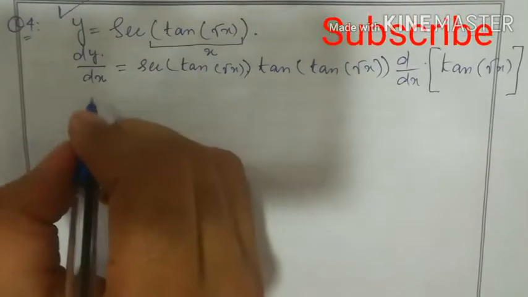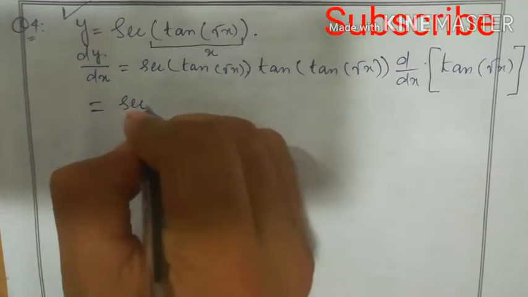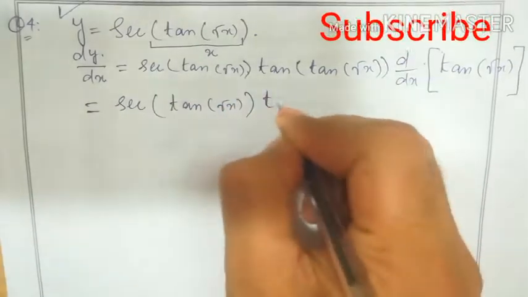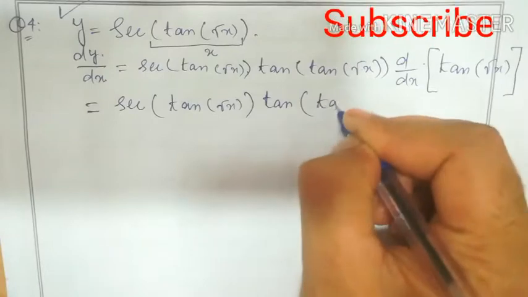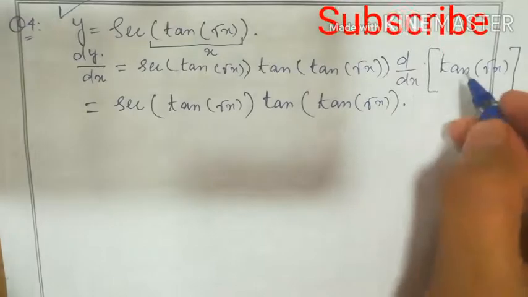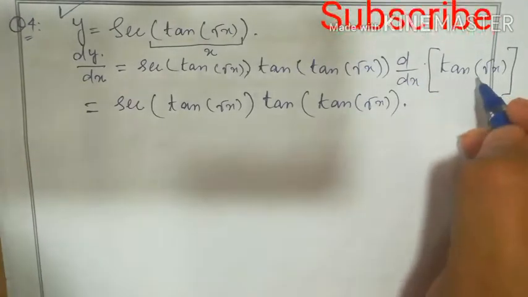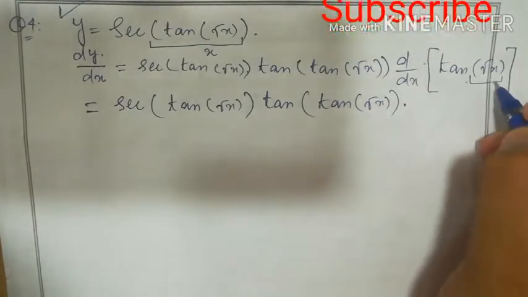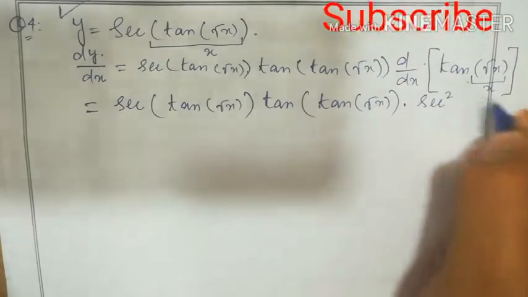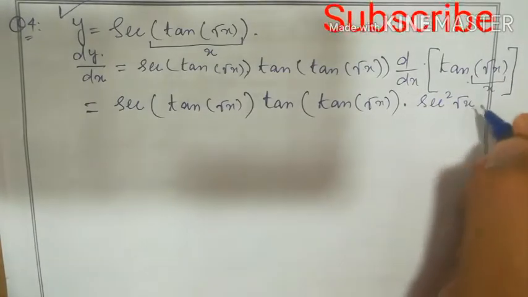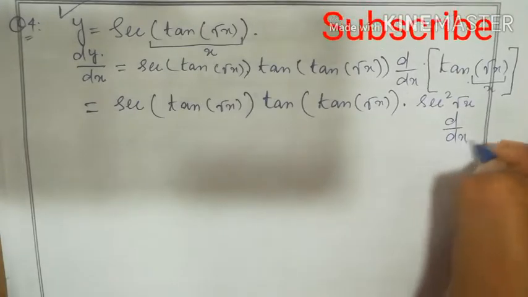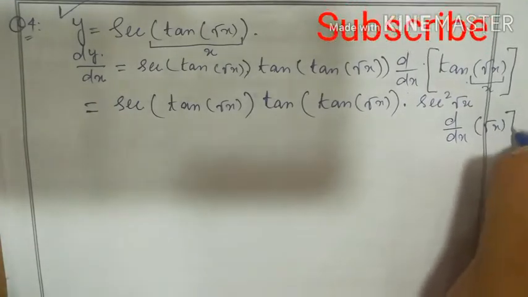Simple as it is. Differentiation of tan x is sec square x, in place of x is under root x. Now again we need differentiation of this x, so d divided by dx of under root x.